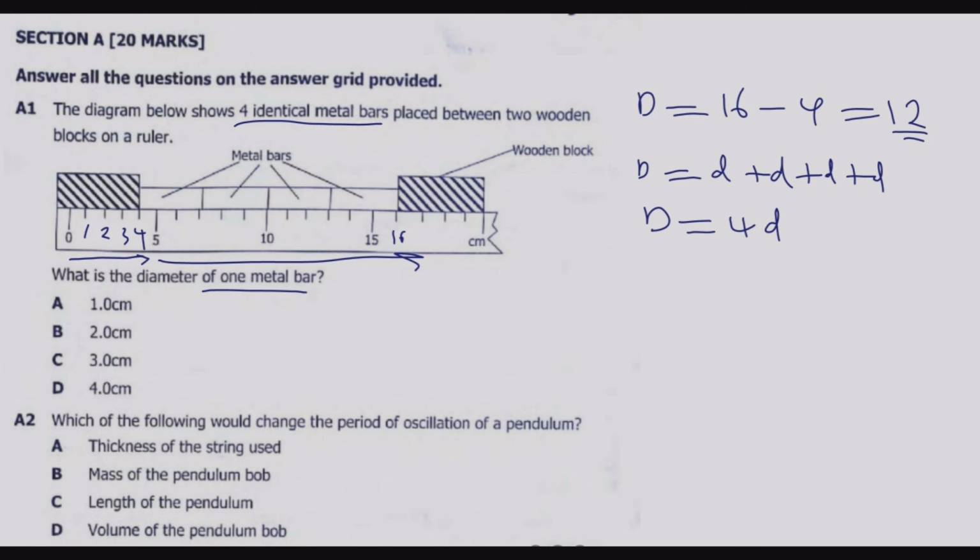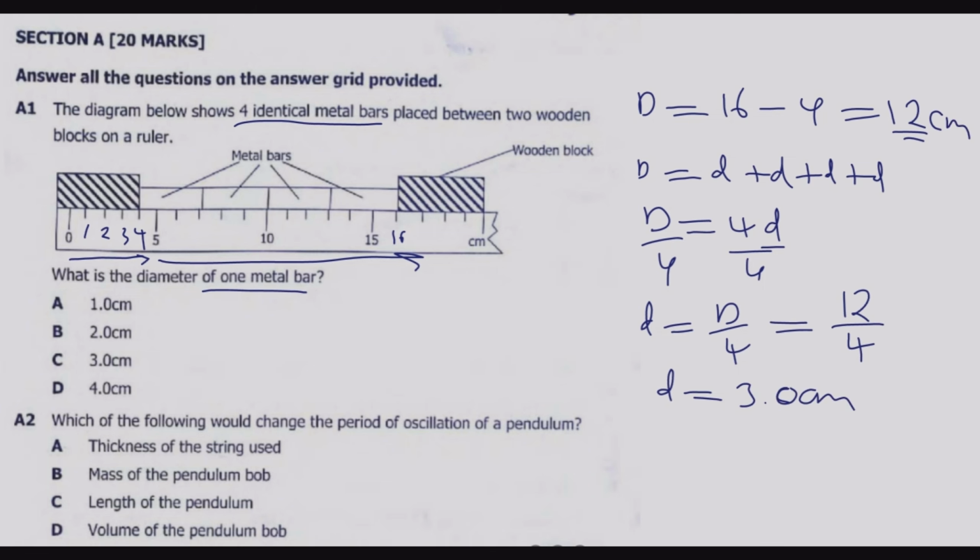So to find the diameter of one, we just divide by 4, so d is equal to 12 divided by 4, which will give us d is equal to 3 centimeter. Remember, the units are in centimeter. So if we check from our options, we discover that C is the best answer.